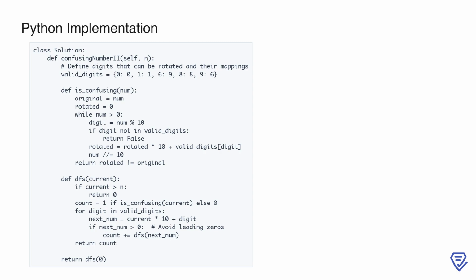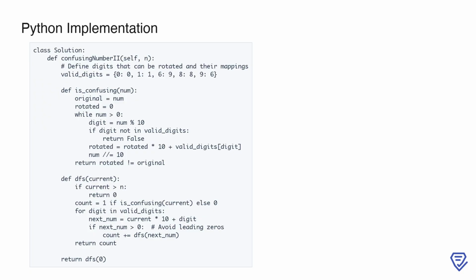The DFS, depth first search, function is used to generate numbers recursively, starting from 0. It appends valid digits to the current number, ensuring that we explore all possibilities. If the resulting number exceeds n, we stop exploring further. Additionally, we skip numbers that start with a leading 0.